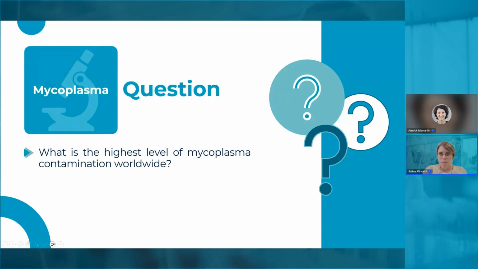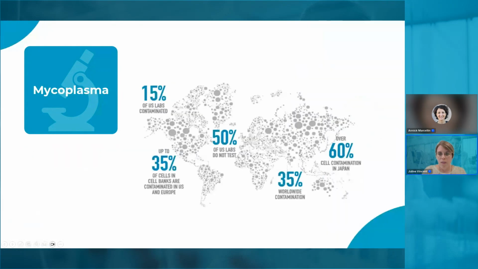Okay, so if I can give you an answer, this map is very important because it shows that mycoplasma is responsible for 35% of cell culture contamination worldwide, with rates reaching up to 60% in Japan. So it's very important.